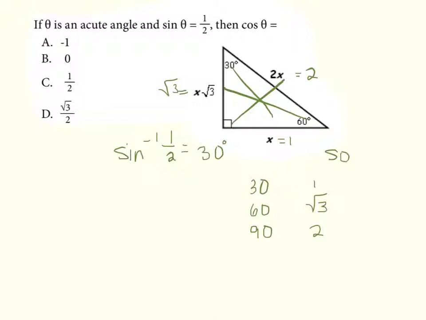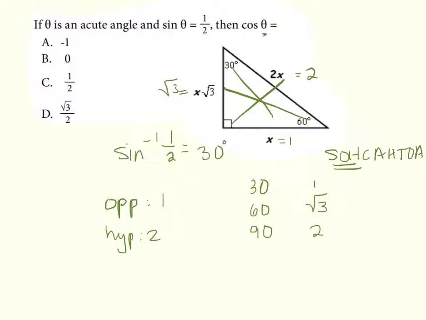Because if you remember SOHCAHTOA, now you know that the sine is 1 over 2. So you know that the opposite is 1, and that the hypotenuse is 2. And in a 30, 60, 90, what you're asking is basically the cosine of 30.